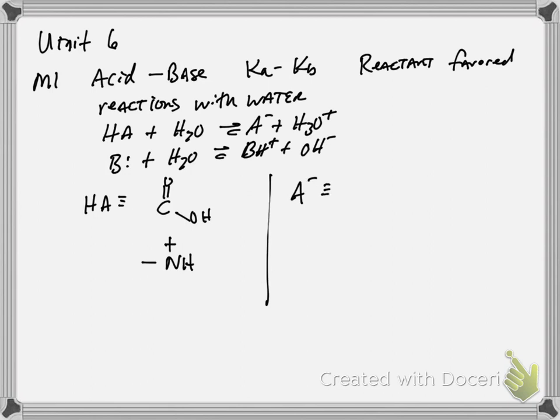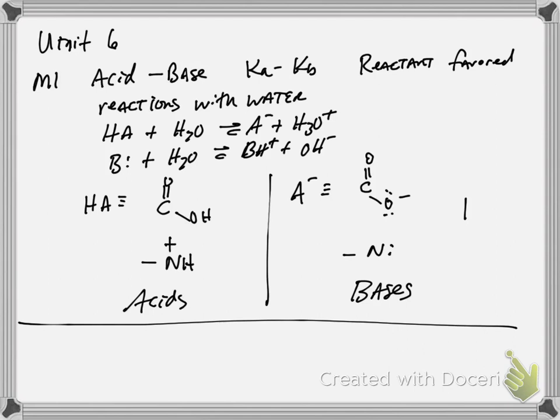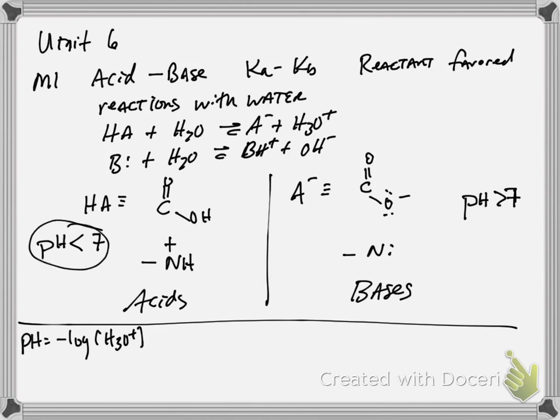HA is any neutral COOH group, or N+. A minus here is any negatively charged carboxylate group or a neutral nitrogen. These are the acids and bases that undergo these equilibria. When you place these groups in water, they change the pH. Remember, pH here is the minus log of hydronium. So acids will increase the amount of H3O+, but it also makes pH go down.